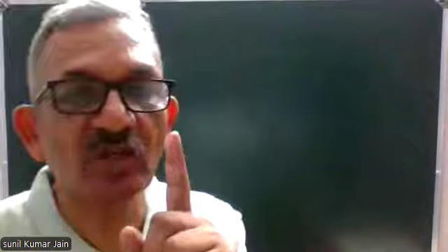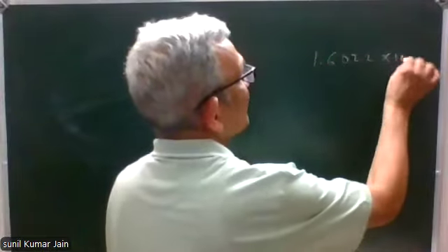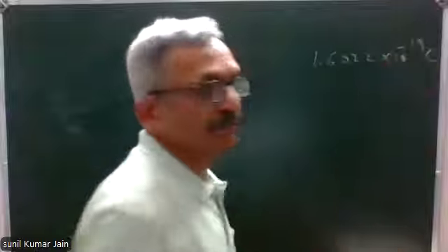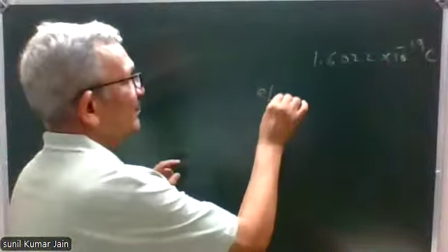You need not go for the details of this method. On the basis of that experiment, he calculated the charge on any particle, and he found that the charge on an electron is 1.6022 into 10^-19 coulomb.